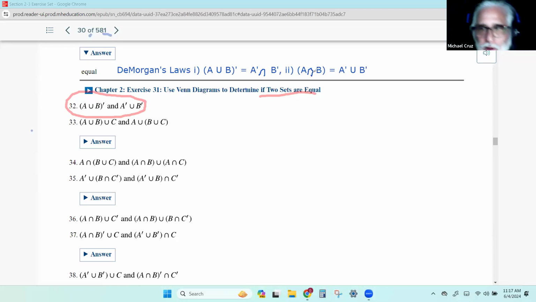Okay, so this is De Morgan's law. It basically works like this: the complement on the outside of the parentheses, A union B, is equal to the intersection of the two complements, A complement intersection B complement.